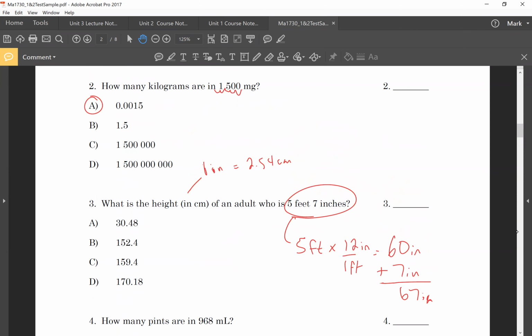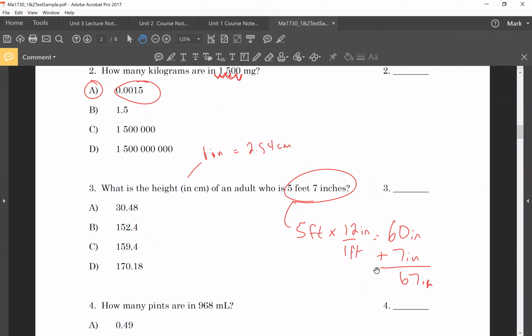So there's the answer for number 2. I moved the decimal place back 1, 2, 3, 4, 5, 6 places to get this one. For number 3, 1 inch is 2.54 centimeters. So if this person is 5 feet 7 inches tall, they are 67 inches tall. 5 feet is 60 inches.